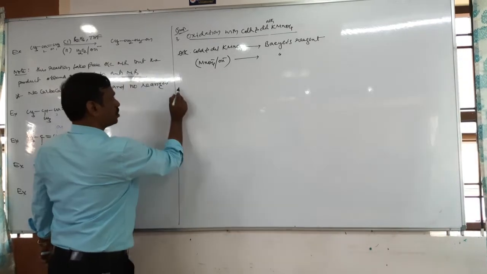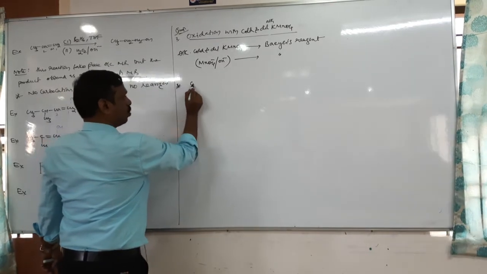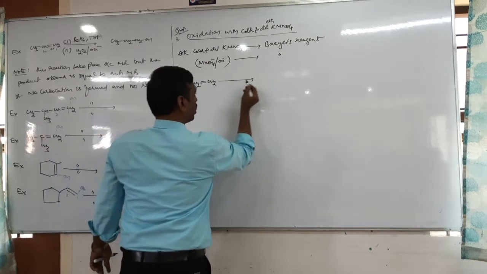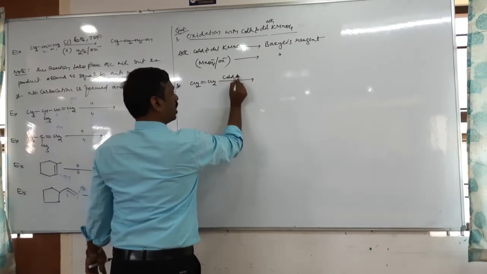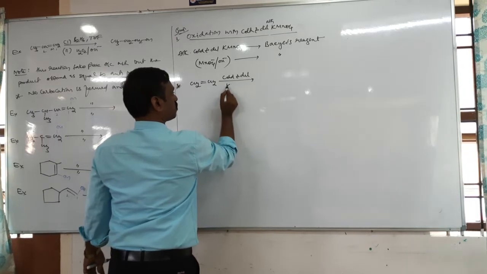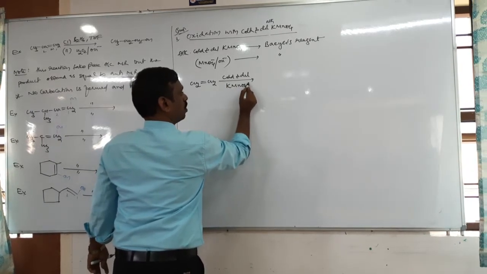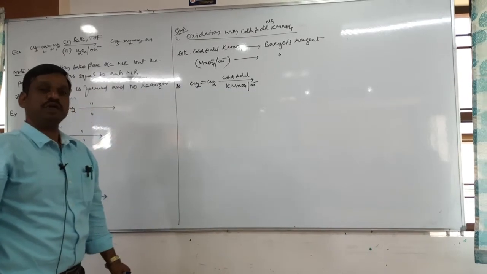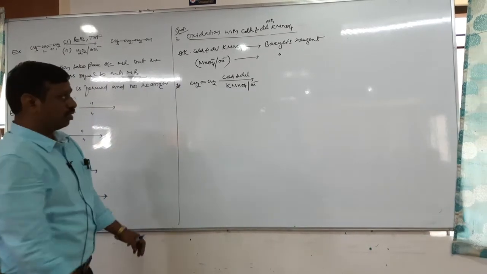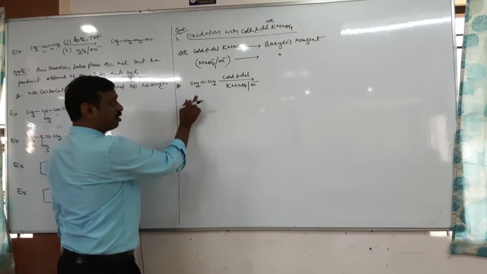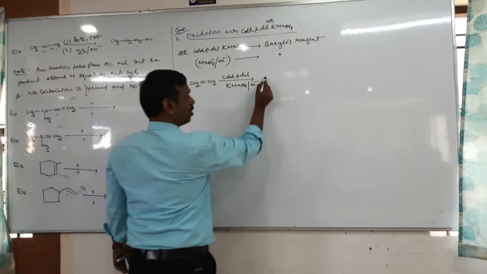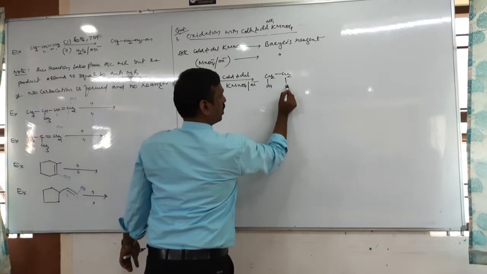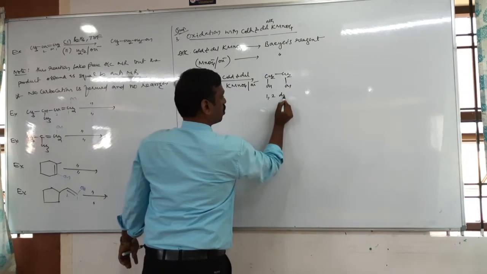Now let's see the first reaction. How do alkenes react with Bayer's reagent? Alkenes react with cold and dilute KMnO4 in presence of alkali medium. They form corresponding diols. That means two OH groups are added on the two double bonded carbons. It becomes CH2OH, CH2OH, which is called 1,2 diol.